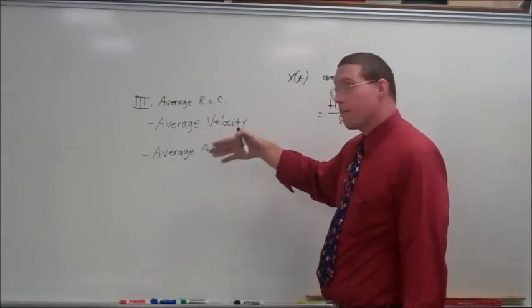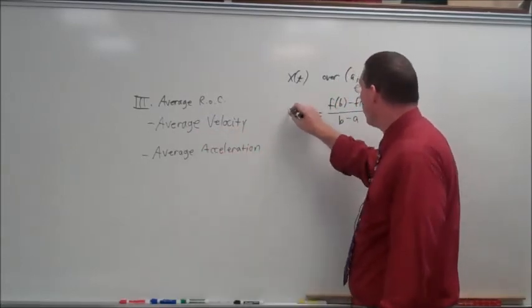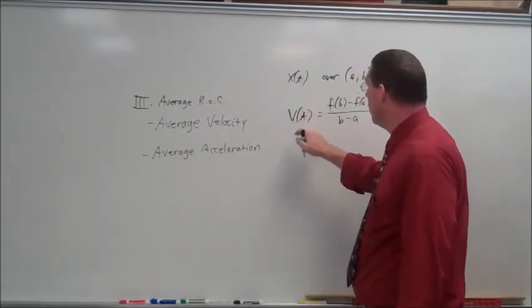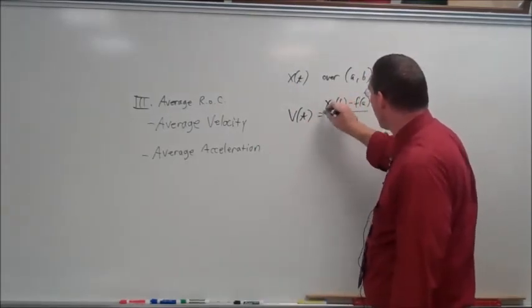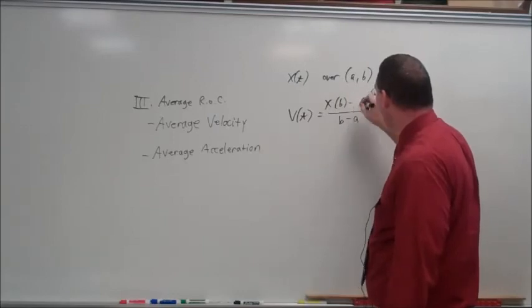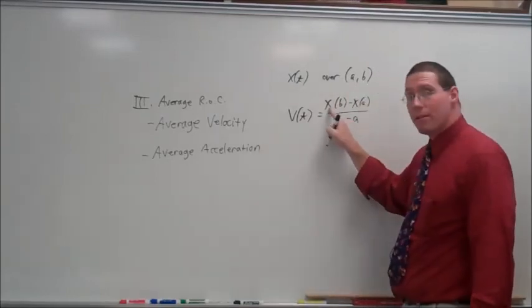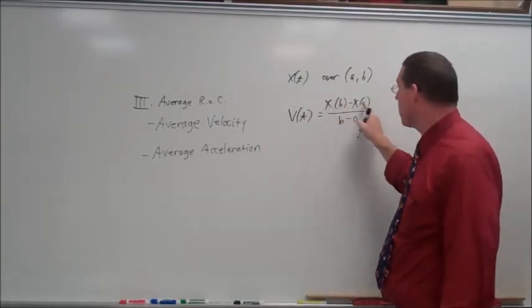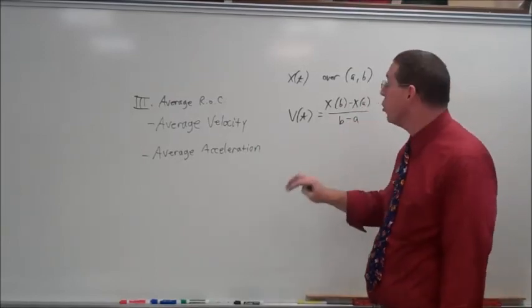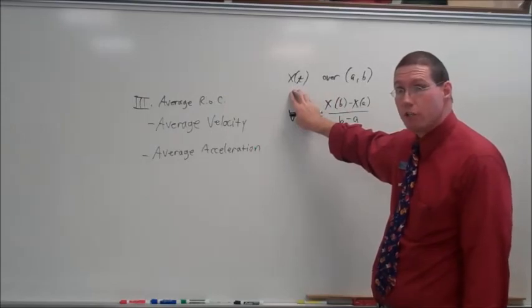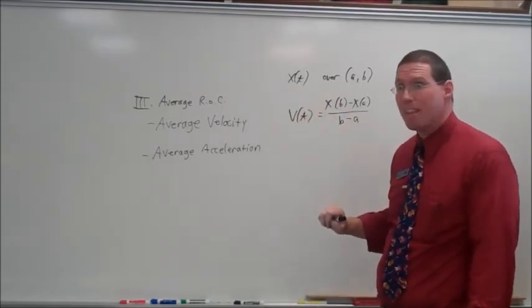Okay? Because velocity is a rate of change in position. So you want v of t to be x of b minus x of a. You have to do the position at b minus the position at a divided by b minus a. So you're going to use values from the position function to get the average velocity.